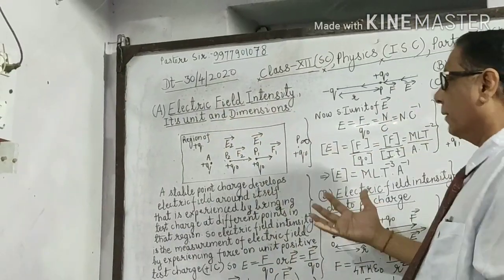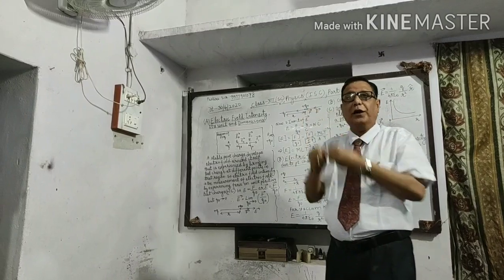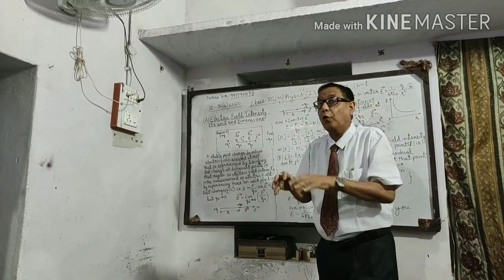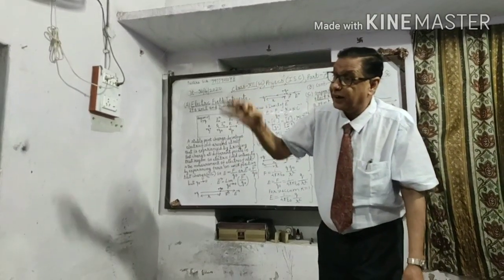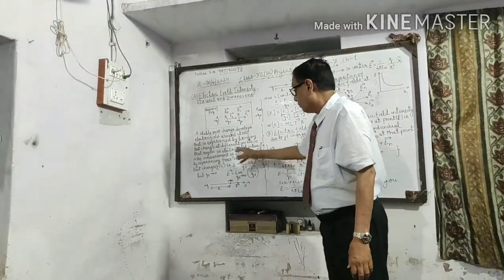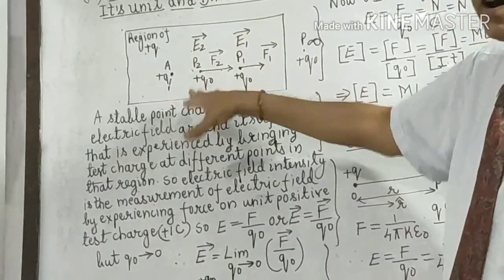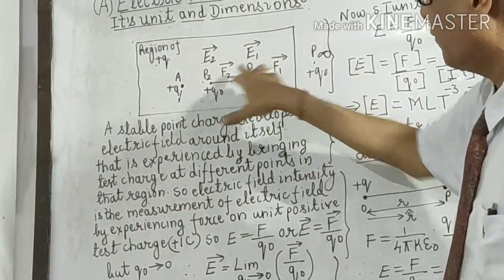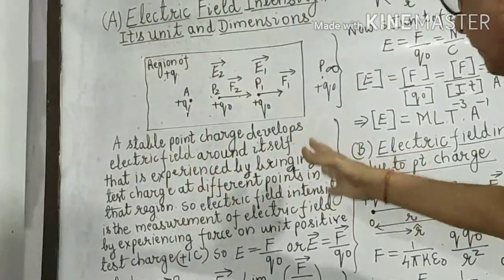Again I am repeating, electric field intensity is the measurement of electric field by measuring the electric force experienced by the test charge when it is kept at a point in the region. That test charge is kept here, that means here the electric field is present, and the measurement of electric field at various points is called the electric field intensity at that point.